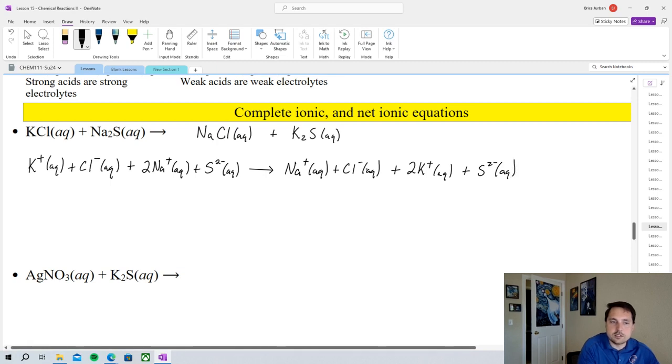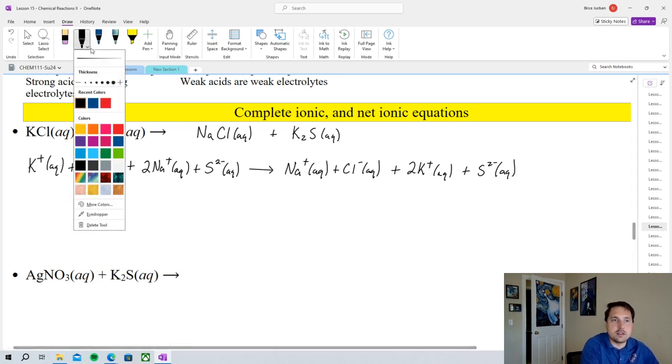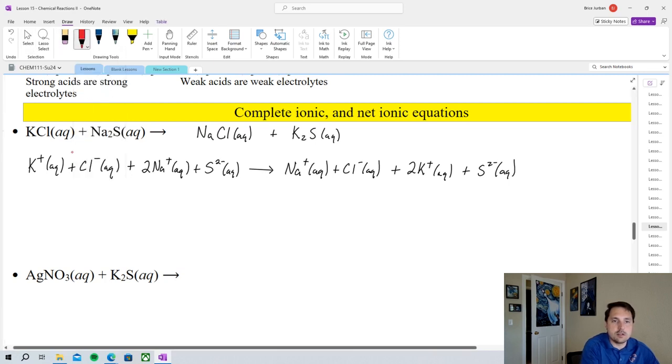Okay, and one thing I just noticed while I was writing this is that I didn't balance the reaction above. So what we need to do is make sure that this equation is balanced before we do this. 2 KCl, and then 2 sodium chloride, so that's all balanced. I'm going to go ahead and fix the balancing here.